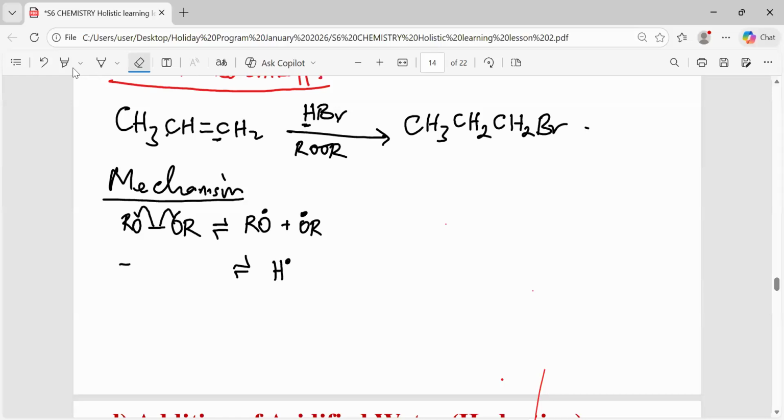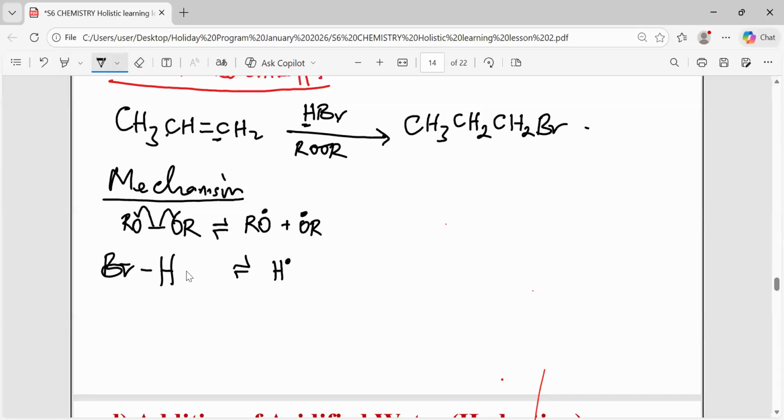Since we have hydrogen bromide, we can have the bromine, and then the hydrogen. Even if we reverse it in that manner, no issues. So we shall also have one of these OR, and they undergo homolytic fission, and we are able to get one bromine radical.